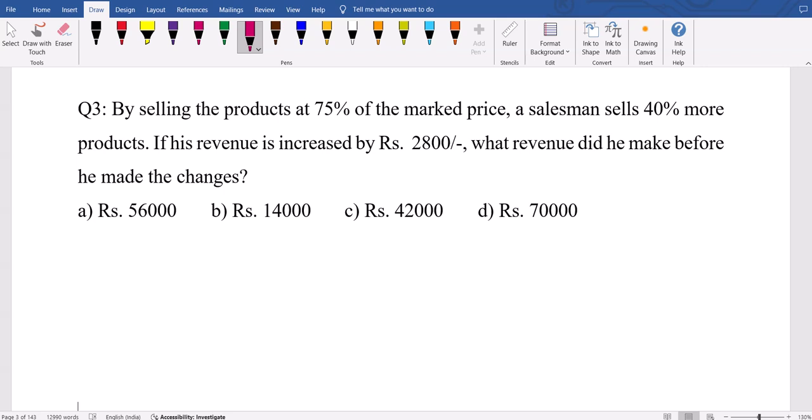But now sales are increased as your selling price is decreased. So guys, let us say initially you are selling at market price 100 and you are selling 100 products. Let us say this is the initial case.